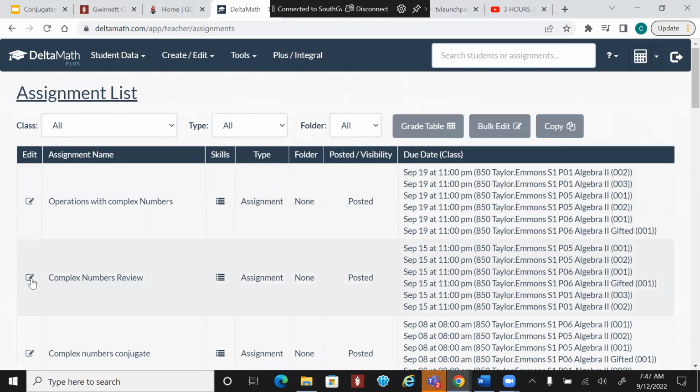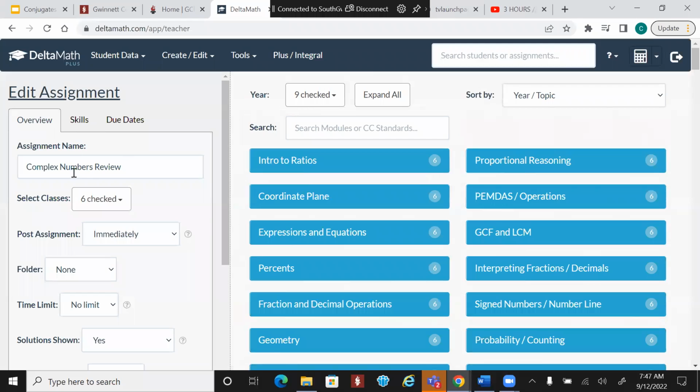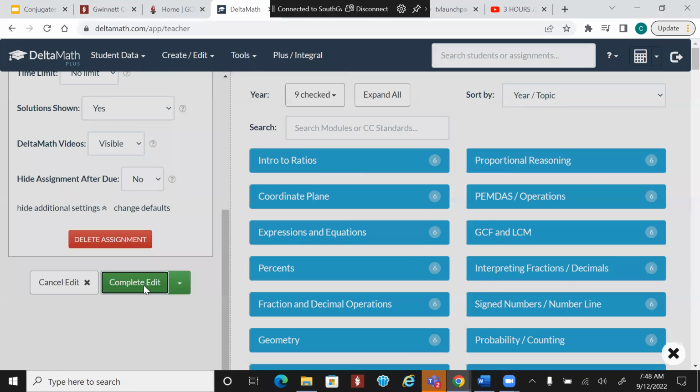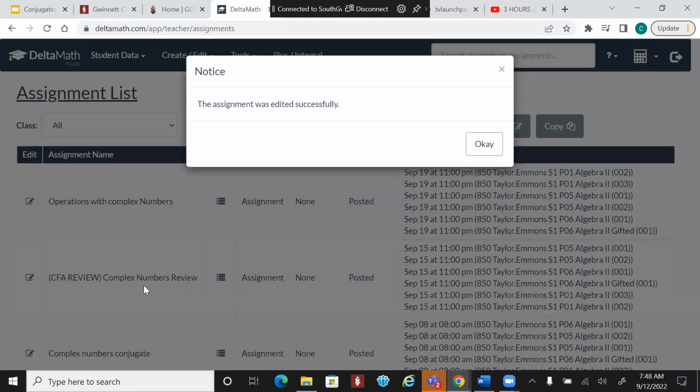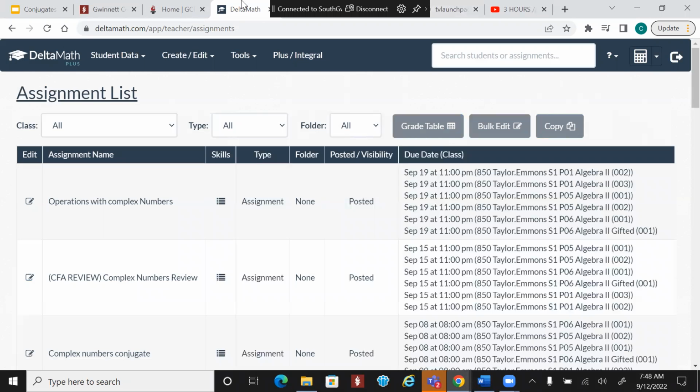And then right here, this is going to be changed to CFA review. Okay, this is what you can be working on in order to prepare for that CFA that's going to be on Wednesday. Okay, so I would highly suggest you work on that this week. Okay, fantastic.